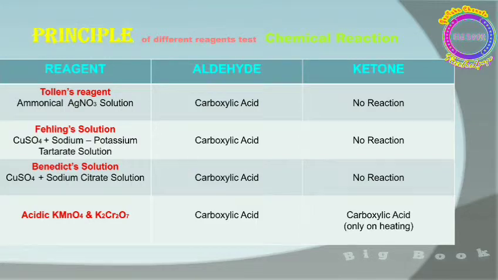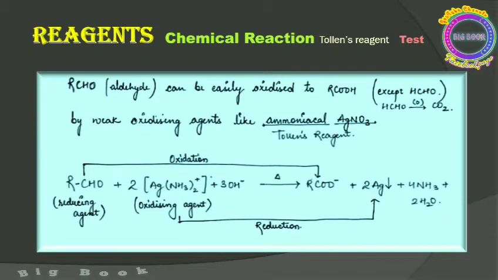So next is the reagents' chemical reaction, that is the Tollen's reagent test, and how it is going to react with the reducing aldehydic functional group. Here you can see RCHO, the formula of the aldehyde.